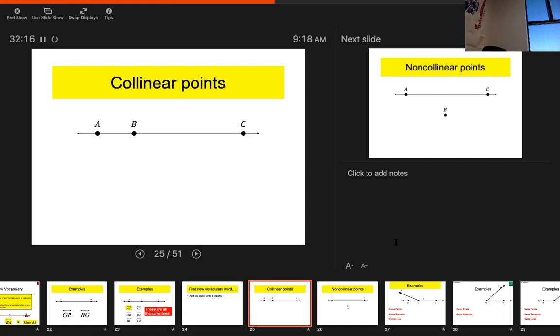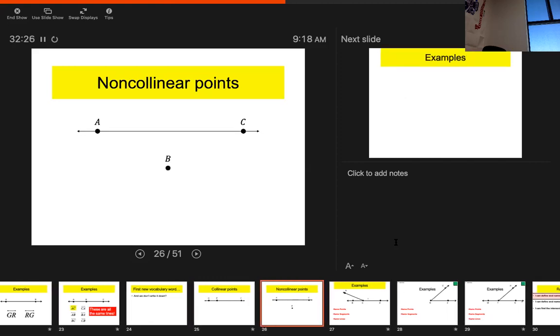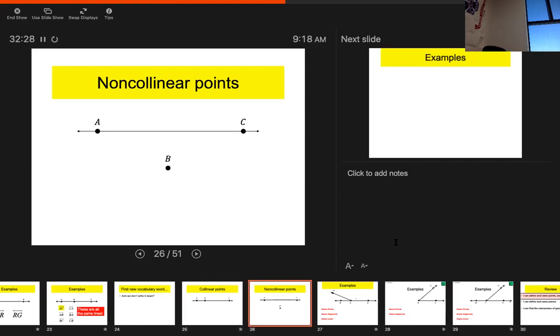Tonight for homework, you're going to see the words collinear and non-collinear. It just means you live on the same line, ray, segment, whatever. All right. B is non-collinear. A and C are collinear points. They're on the same line.